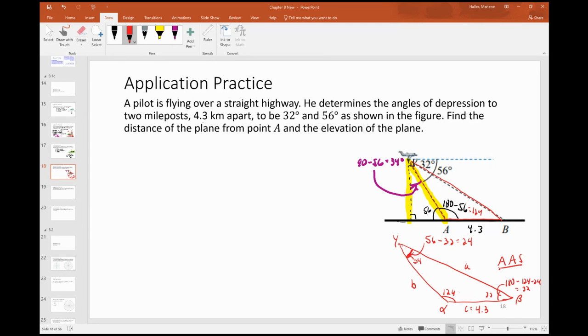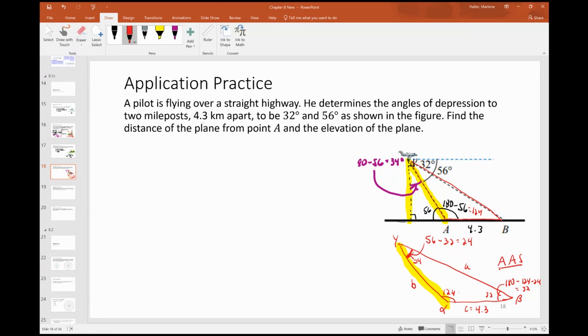All right, so now we have all the angles. We're good to go. Let's use the law of sines and see if we can find the length of B, which of course is the same as this guy here. We need that. So the sine of alpha, which is 124, over A. No, you know what, I don't want alpha.